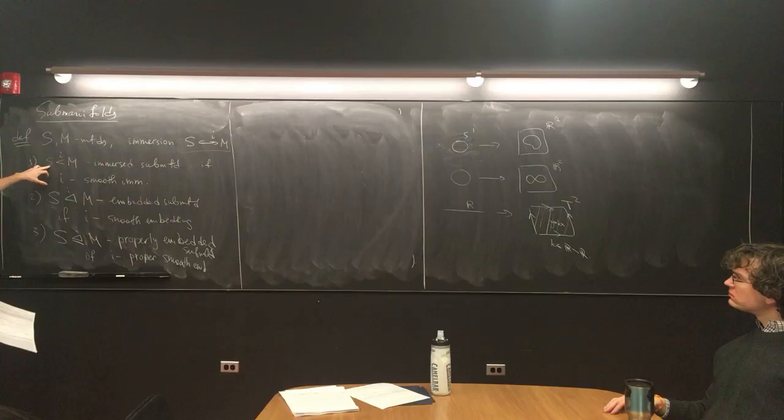And number 2, if gamma 1 is homotopic to gamma 2, then gamma 1 tilde of 1 is equal to gamma 2 tilde of 1. So if I homotopically deform a path, I cannot change the endpoint. This homotopy is required to be with fixed endpoints.